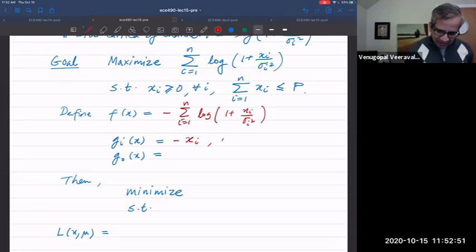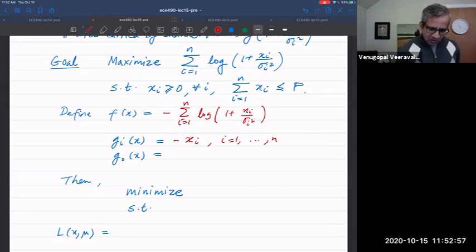And for the last constraint, rather than calling it the n plus first constraint, I'm going to call it the 0th constraint. So I'll let my i go from 0 to n in this example.